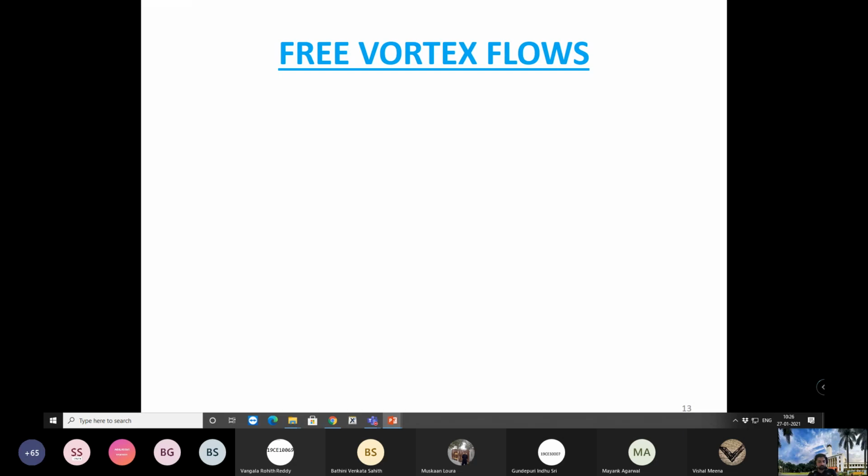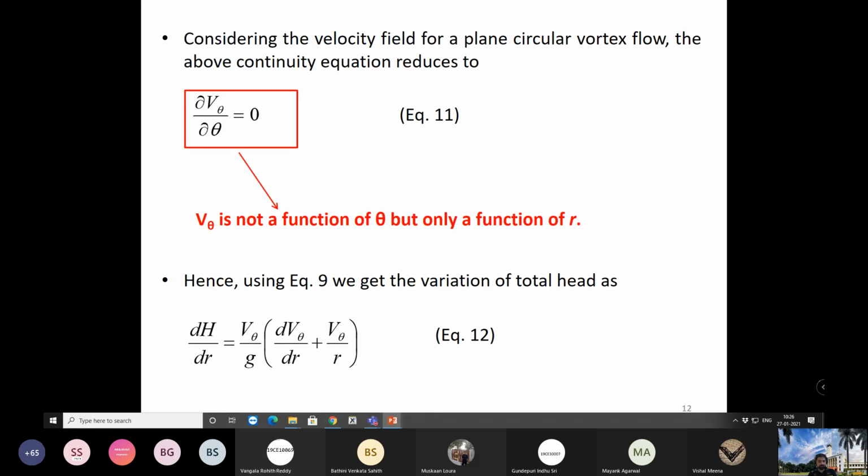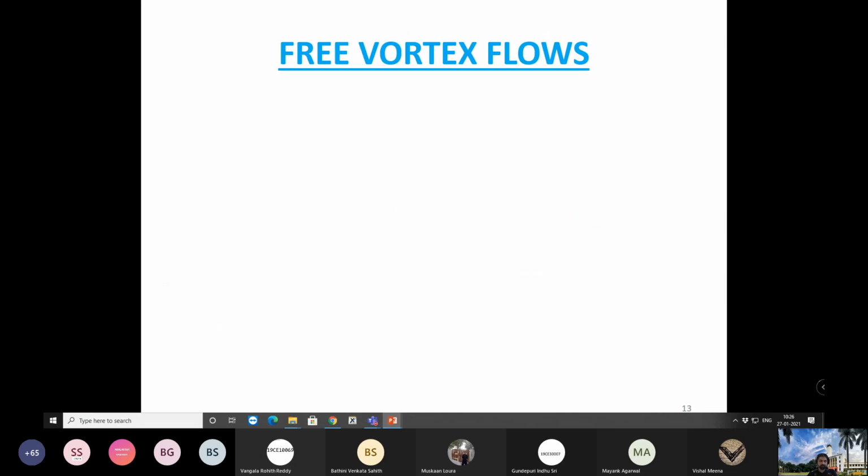With this background, we are turning our attention to flows which are called free vortex flows. Free vortex flows are plane circular vortex flows, the one that we covered before, where the total mechanical energy remains constant in the entire flow field. So remember this equation: if the mechanical energy remains constant, it's normal to assume that dH by dr is going to be 0.